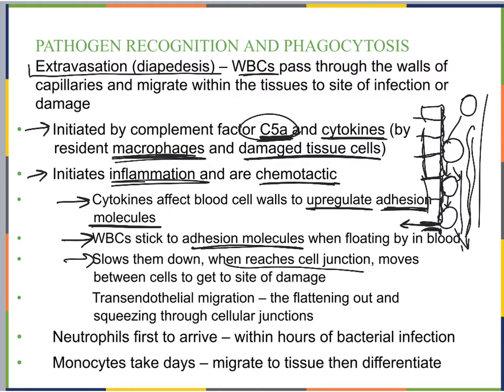So that's the leaky part. Remember, it's going to cause edema. We release more fluid, so fluid's coming through those blood vessels, through the cells in the blood vessel walls. And then also these white blood cells are going to be able to move through there. Then we have transendothelial migration, which means that they are flattening out and squeezing through those cellular junctions. So they're going to trans, meaning moving through, the endothelial cells, and they are migrating.